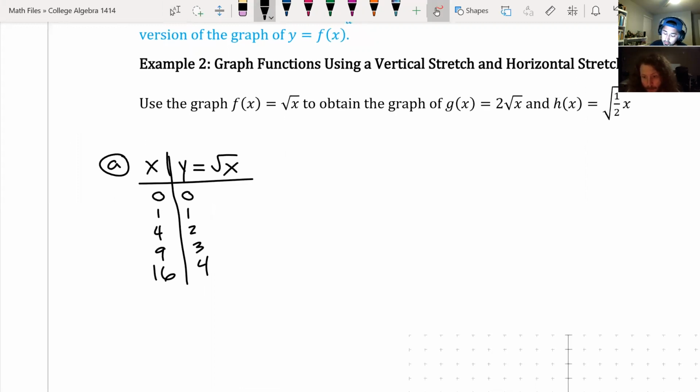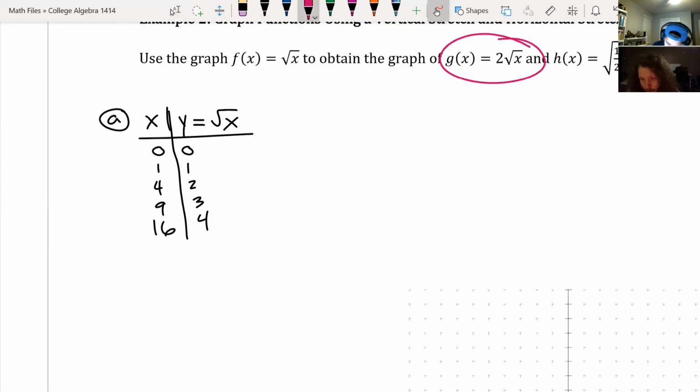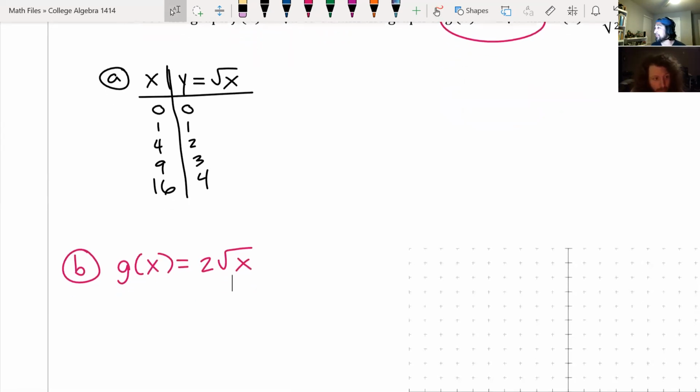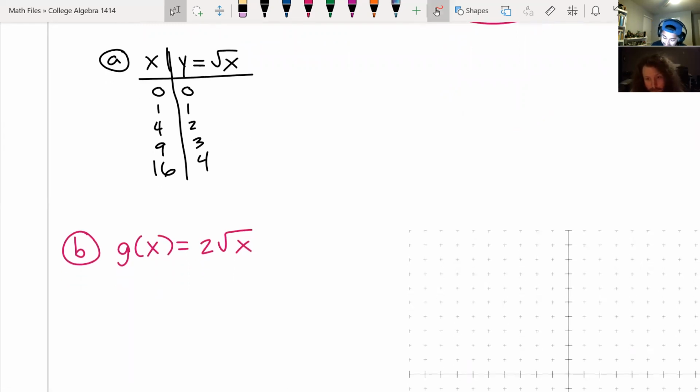And now we want to deal with the transformation of the parent function. And now this is 2 times the square root of x. So what type of stretch is this going to be? Vertical or horizontal? Vertical, good.